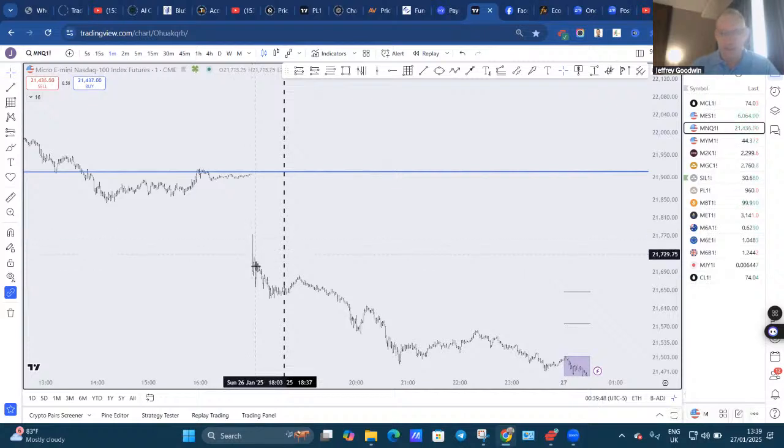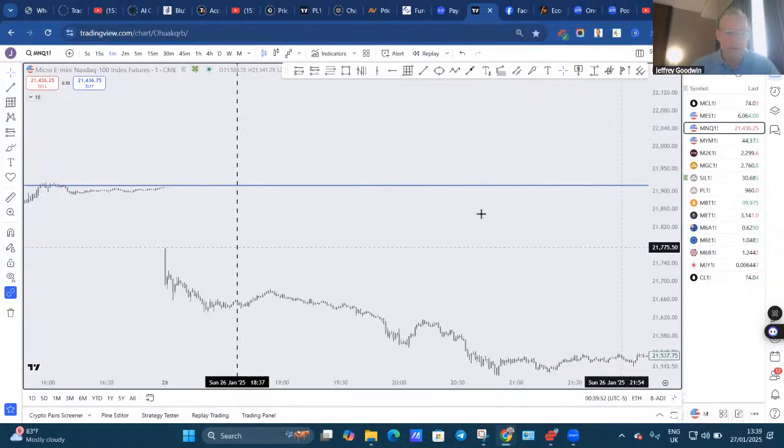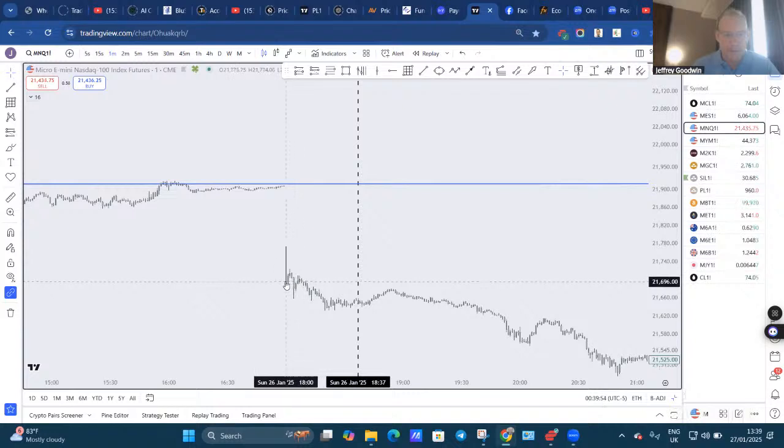So is it up there or is that down there? 773 up there. So that was the open, and that was the close. So this is a discount. This is called a discount opening day gap.